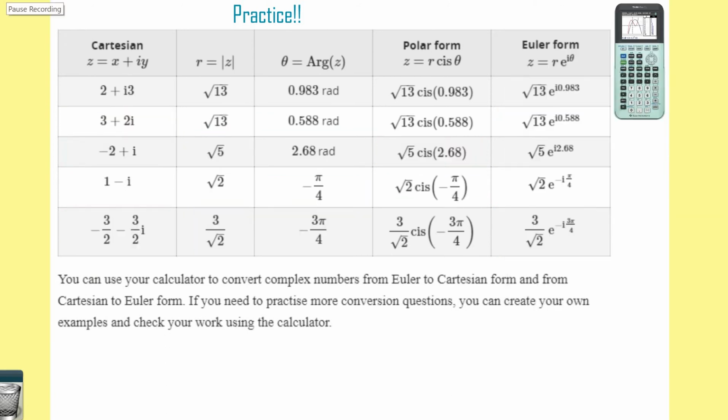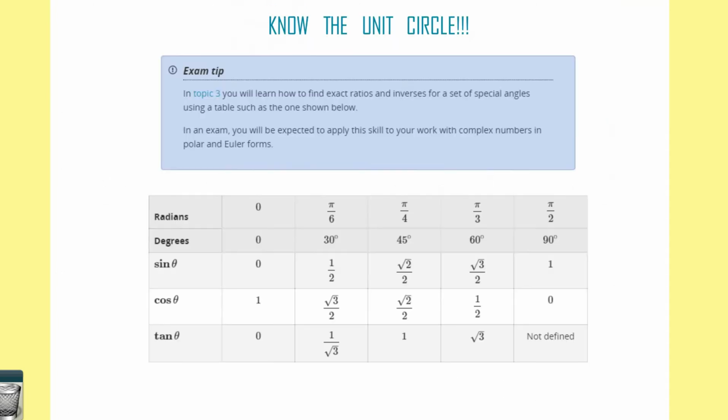Okay, so here are the answers to your chart. Hopefully that makes sense going back and forth. It really helps to know the unit circle. Again, I've got a hand trick. You gotta know.